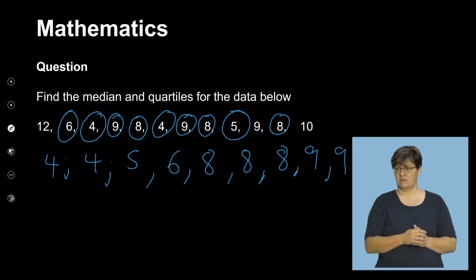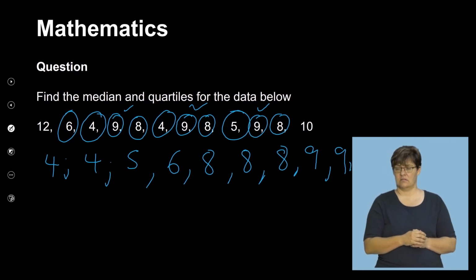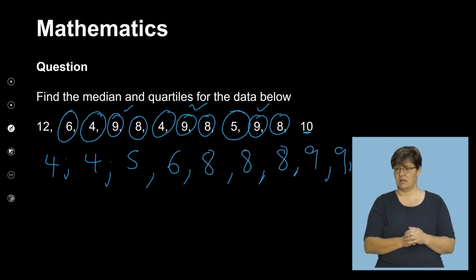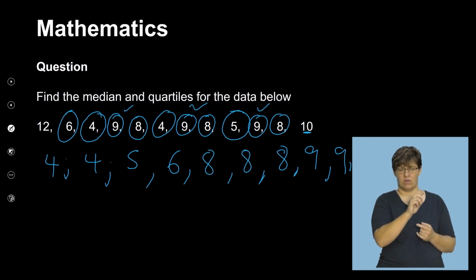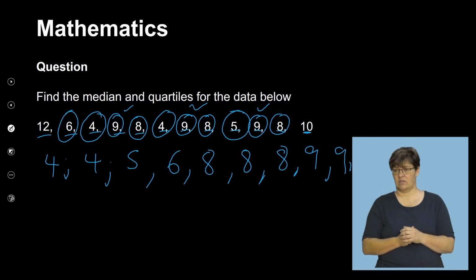How many 9s are there? I have 1, 2, 3. Okay, 9. And we have what? 10, then 12. How many data points do we have? 1, 2, 3, 4, 5, 6, 7, 8, 9, 10, 11, 12.